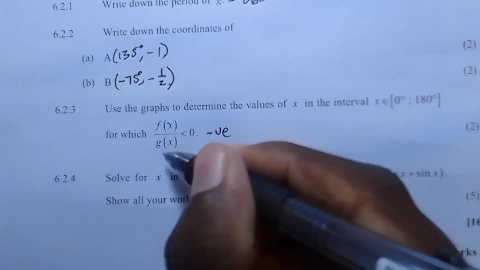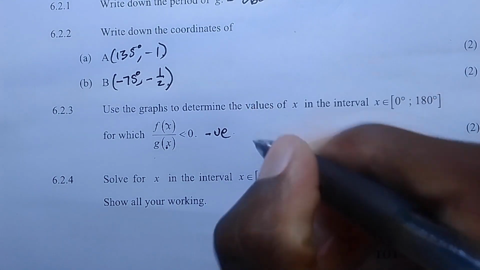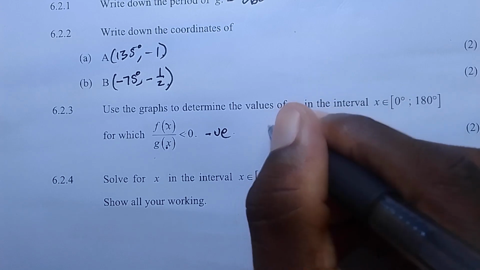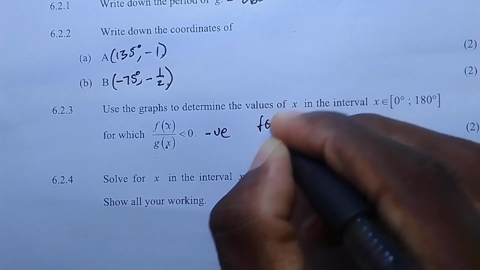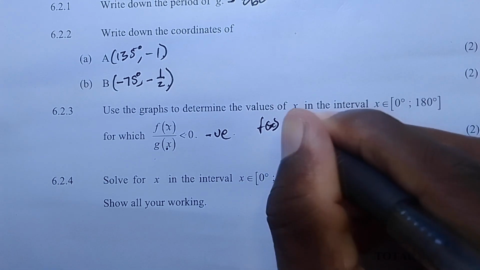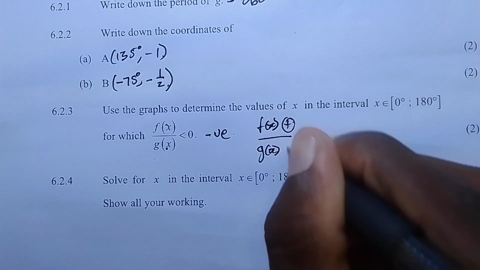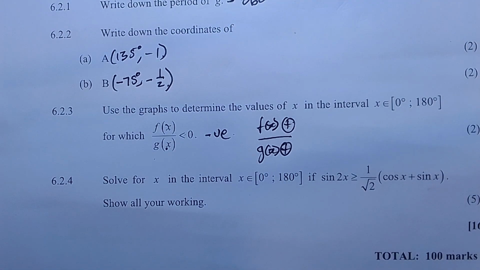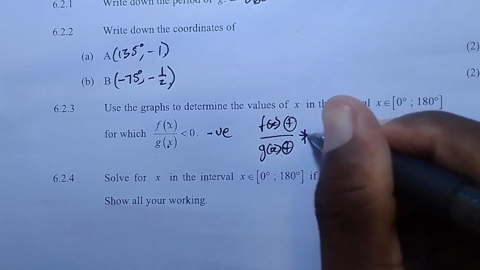And here we have f of x at the top and g of x at the bottom. If we have f of x as positive and g of x as positive, this answer will give us something that is positive, right?